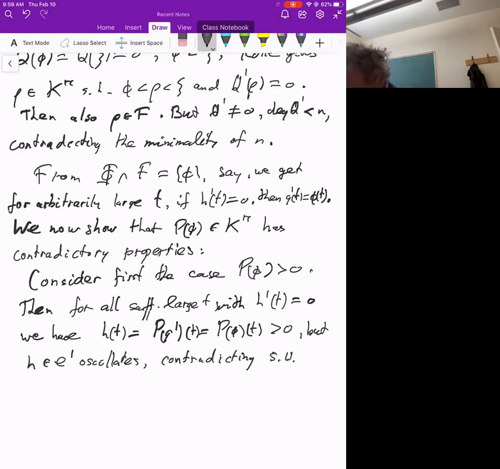Right, for all sufficiently large t where h prime t is 0, h t will be positive.